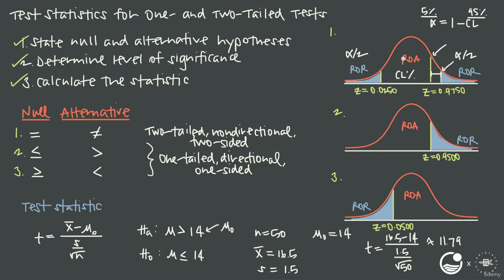With all of this out of the way, and now that we know how to calculate a test statistic, we can move on to the last couple of steps of the hypothesis testing procedure, which will be determining whether or not this test statistic clears one of these bars, these hurdles, and lands us in one of these regions of rejection instead of the region of acceptance. In other words, is our test statistic severe enough to land us within a region of rejection?